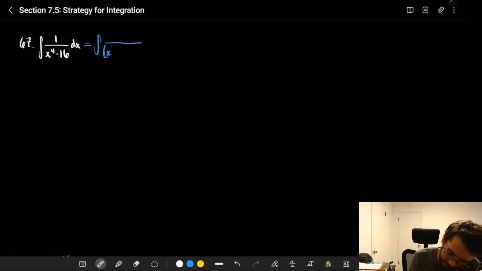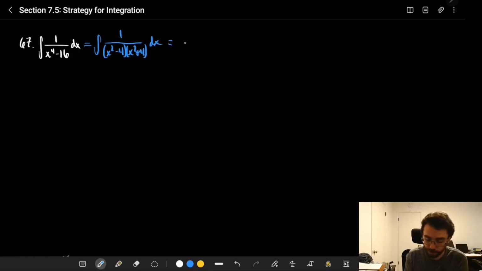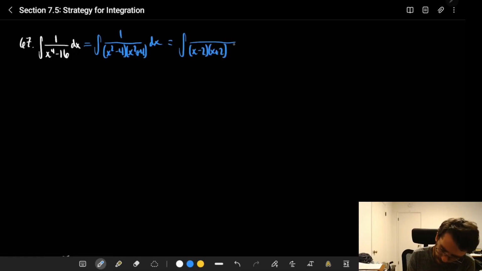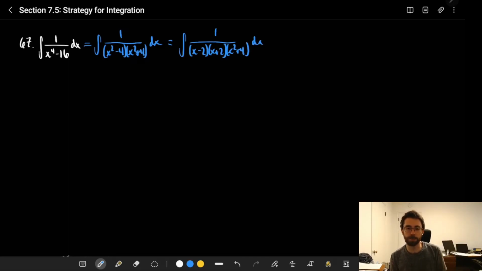It's x squared minus 4, x squared plus 4. The x squared minus 4 is another difference of squares. It's x minus 2, x plus 2, x squared plus 4. I can't really split apart x squared plus 4 unless I use complex numbers, but I won't do that.